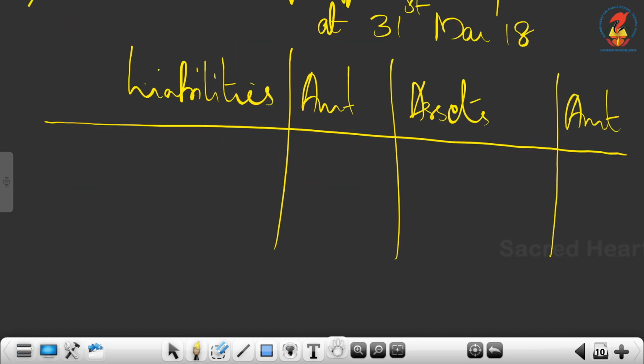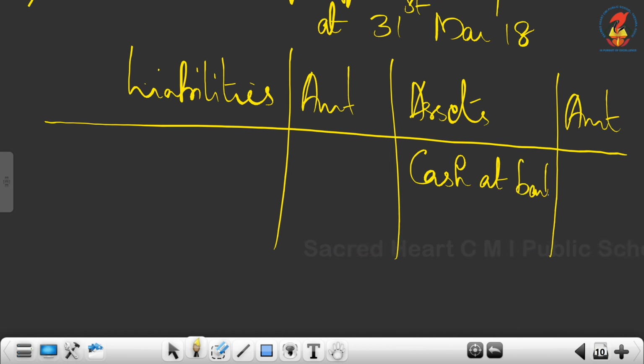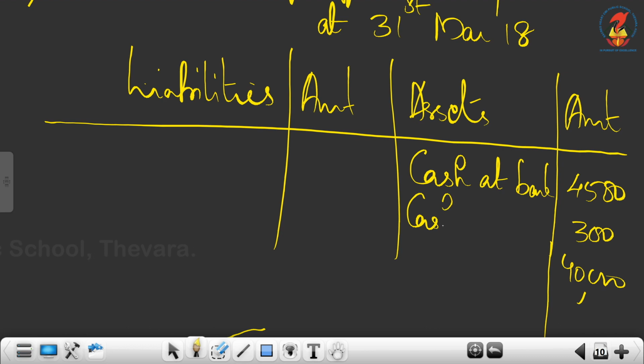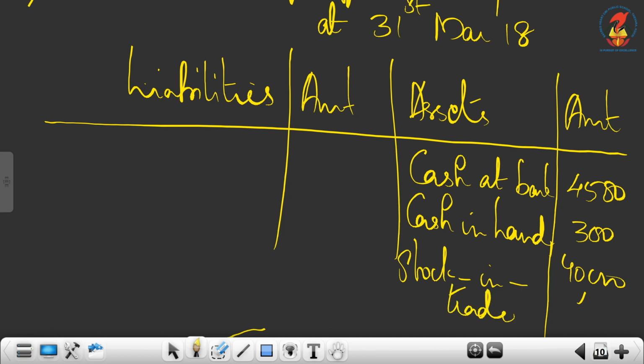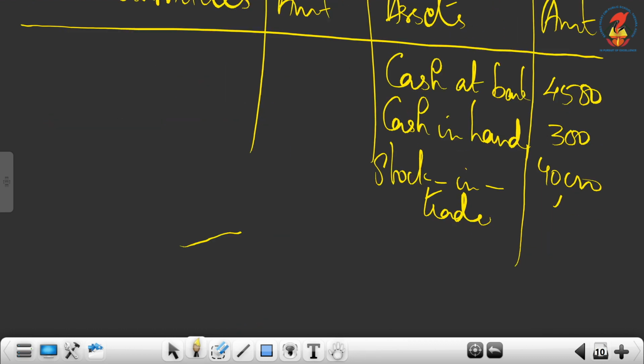All figures are directly given. Then we have cash in hand 300, stock in trade 40,000. Debtors 12,000.